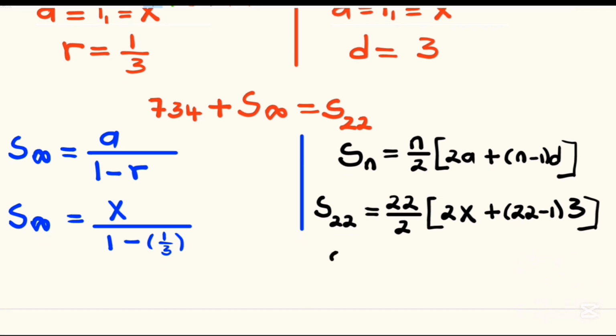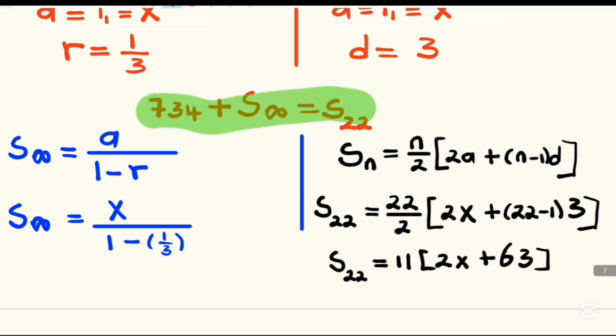The sum to 22 terms will be equal to 22 divided by 2, which is 11, multiplied by 2x plus 22 minus 1 multiplied by 3, which is 63. So we are going to substitute this into that equation.